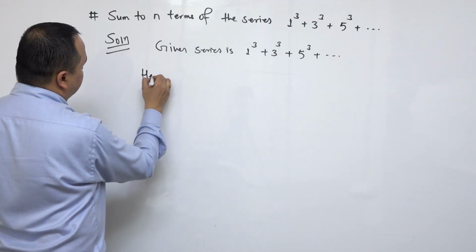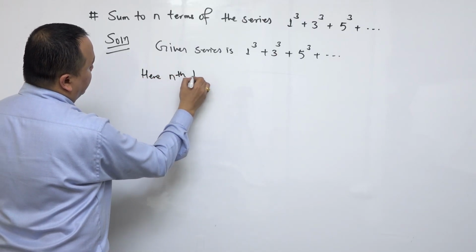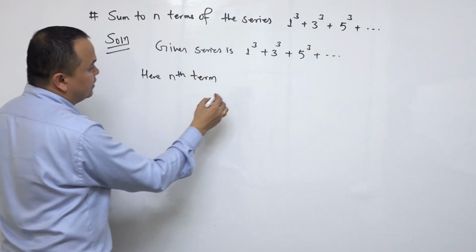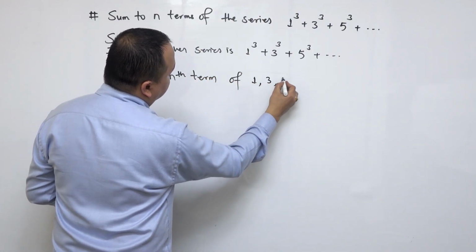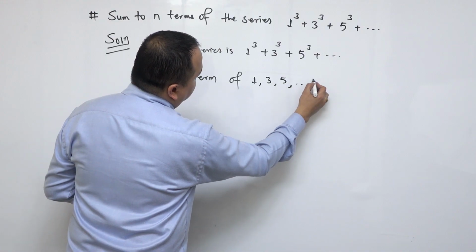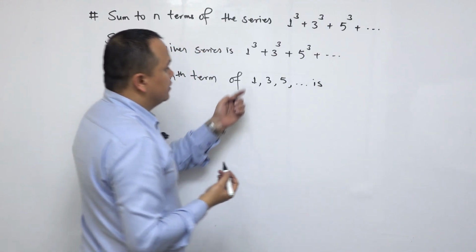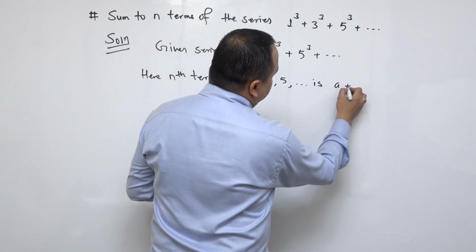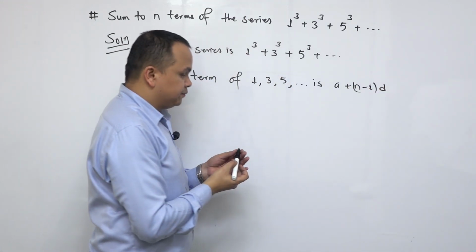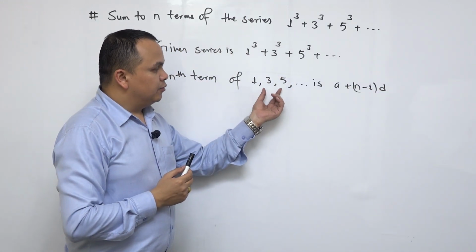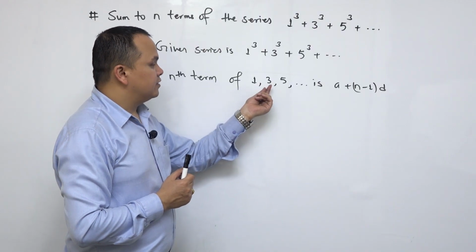Here nth term of 1, 3, 5 is a plus n minus 1 times d, because this is an AP 1, 3, 5.